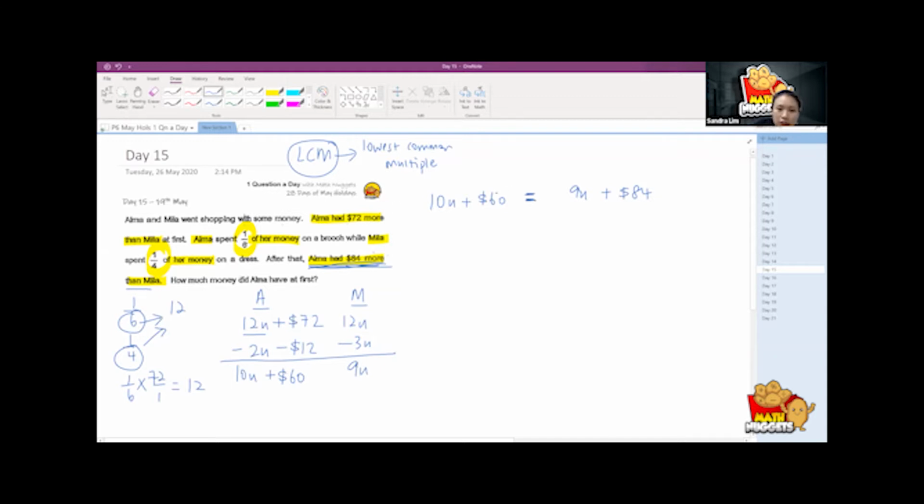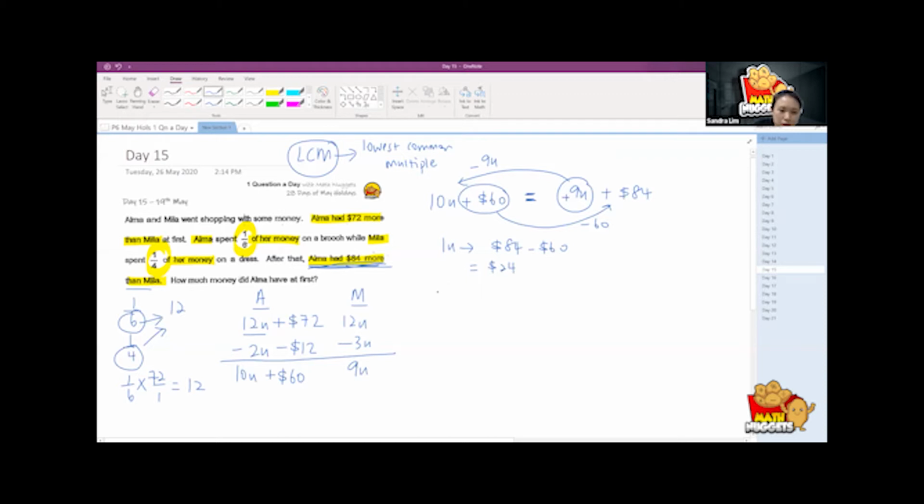Now, if I shift things around, this is an invisible plus. I'm going to shift this here, become minus 9U. The numbers will go the other way, plus $60, go over there, become minus 60. So I'm left with 1 unit. It is 84 minus 60, which is $24.